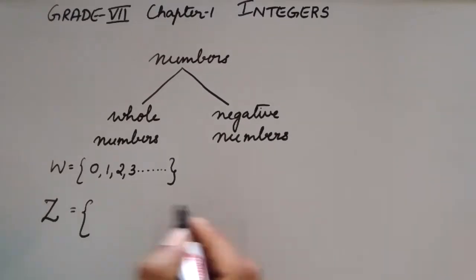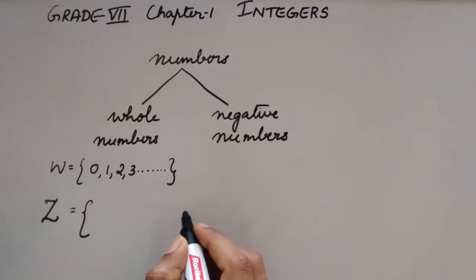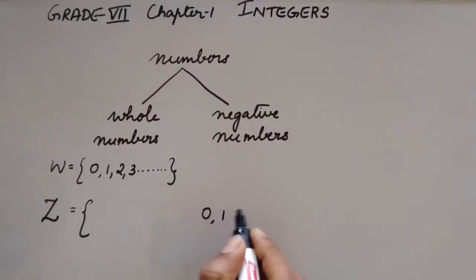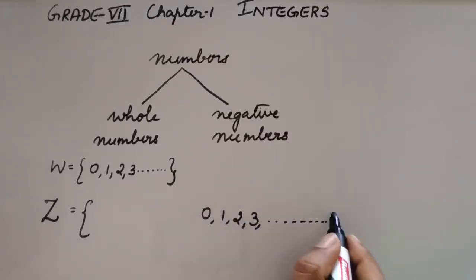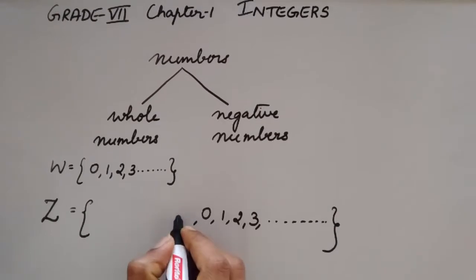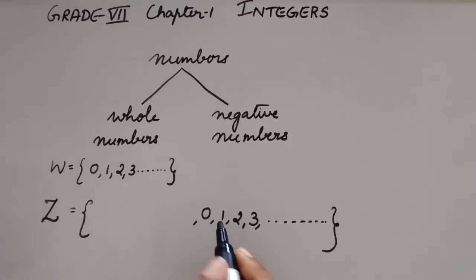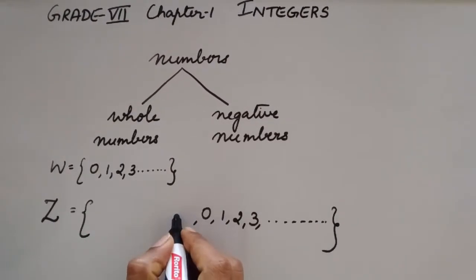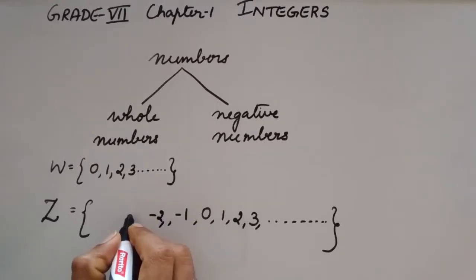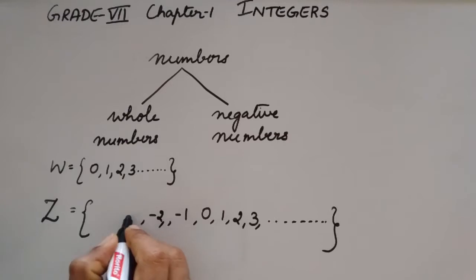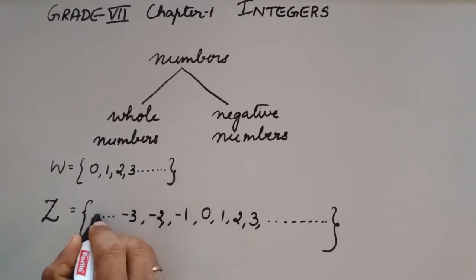That is, the integers set contains the whole numbers and the negative numbers. So this set is the whole numbers and this set is the negative numbers: -1, -2, -3, and so on.